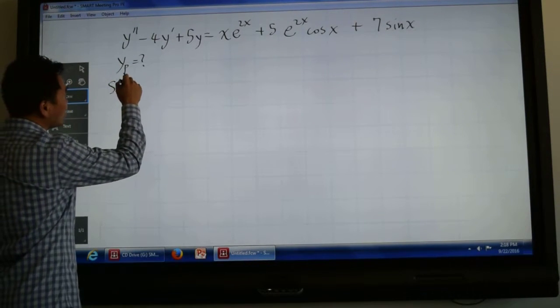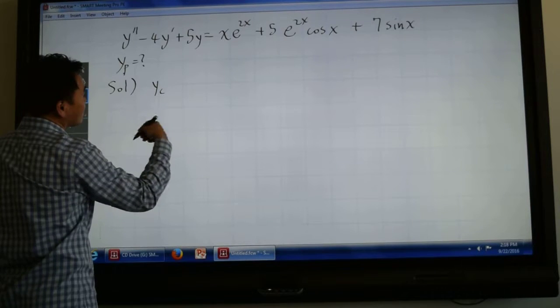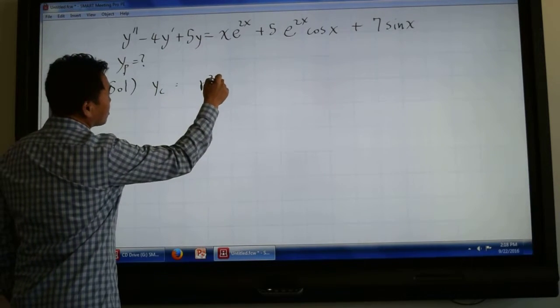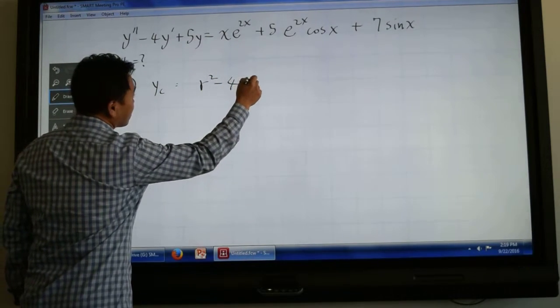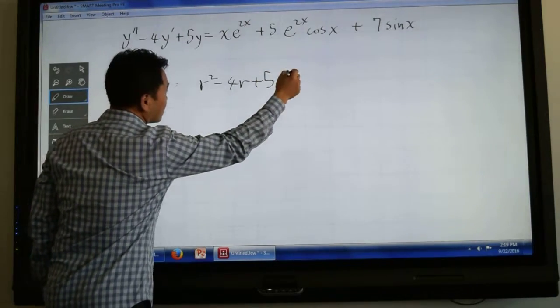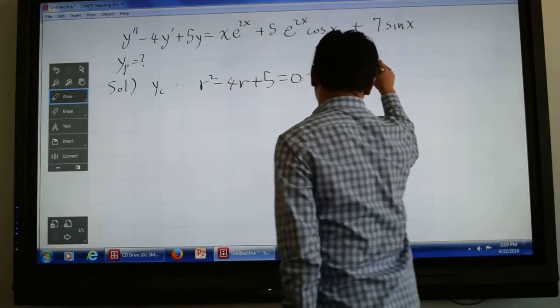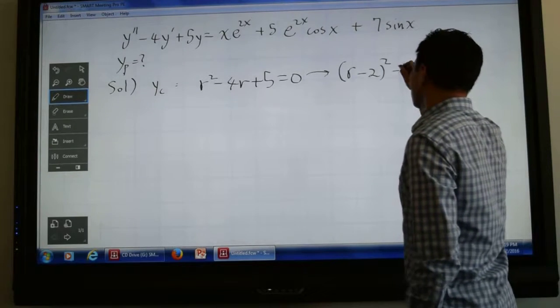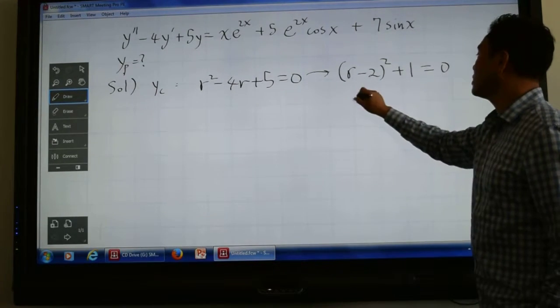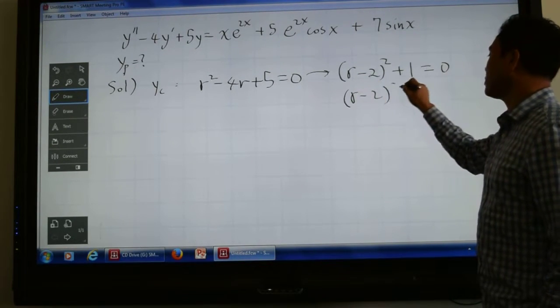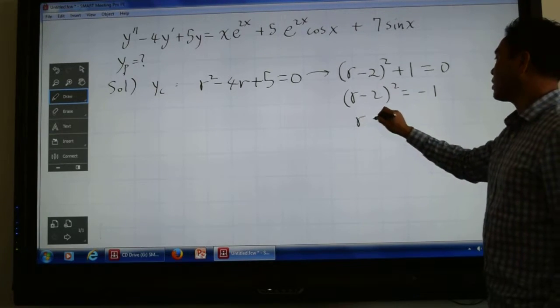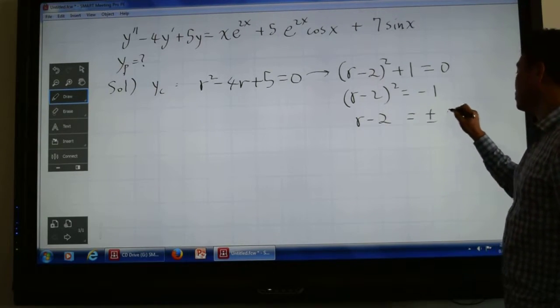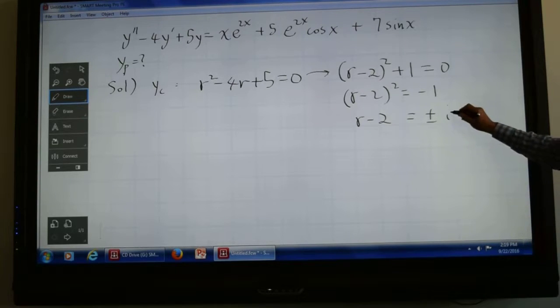First, you find yc by solving the quadratic characteristic equation, which is (r minus 2) squared plus 1 equals 0. (r minus 2) squared is negative 1. So r minus 2 is plus or minus the square root of negative 1, which is i.